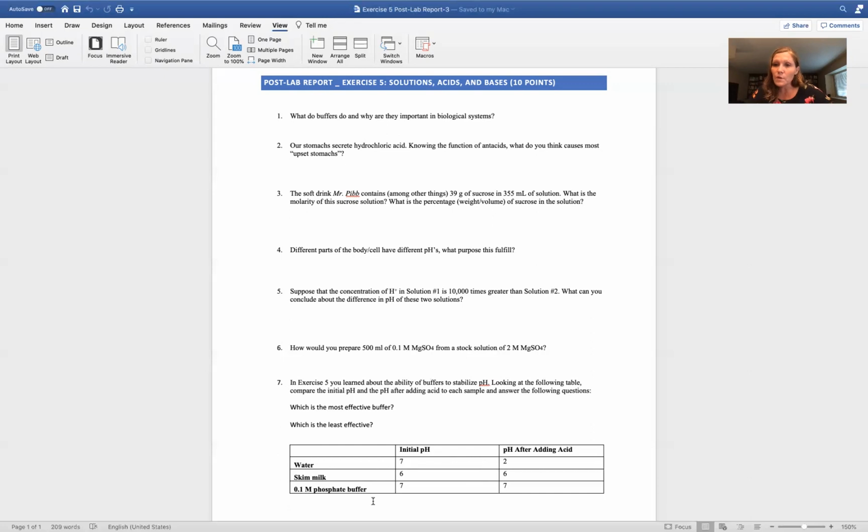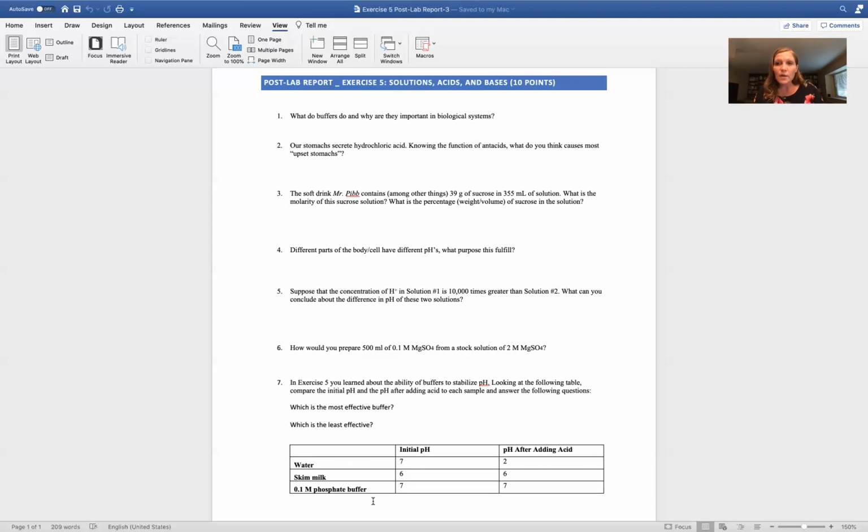It will show us what will happen if we have a buffer that works. So obviously a buffer that's meant to be a buffer is going to work super well. So we have the initial pH of 7, and as much hydrochloric acid as we add, the pH is still going to stay the same. So that gives you your baseline of what it should look like if you have a really good buffer.